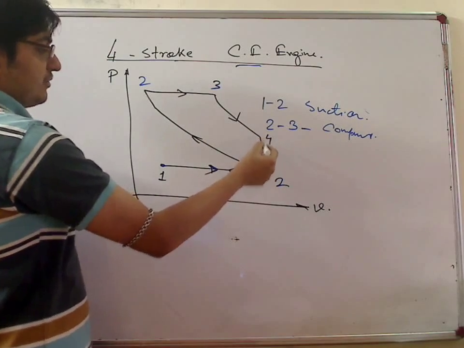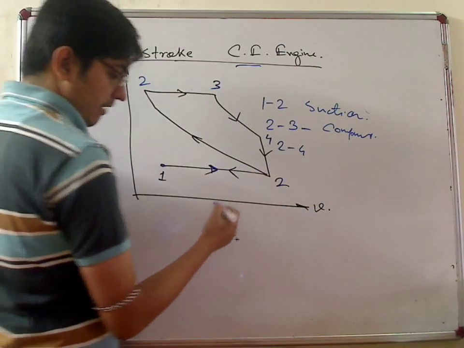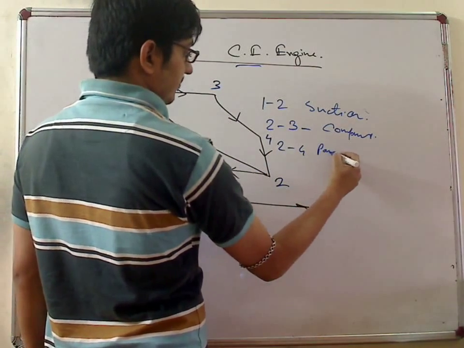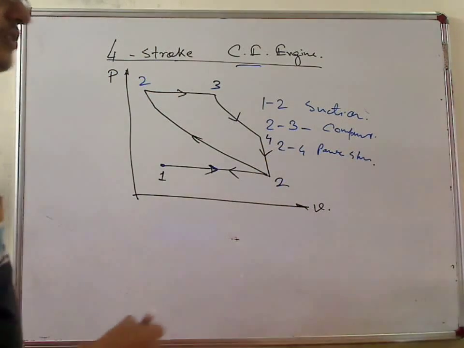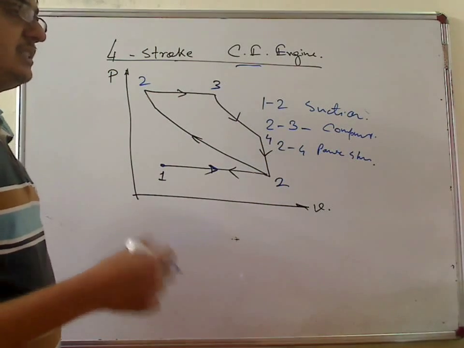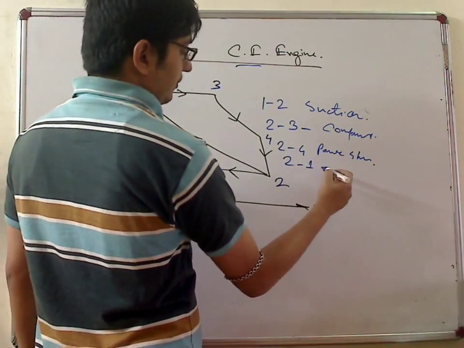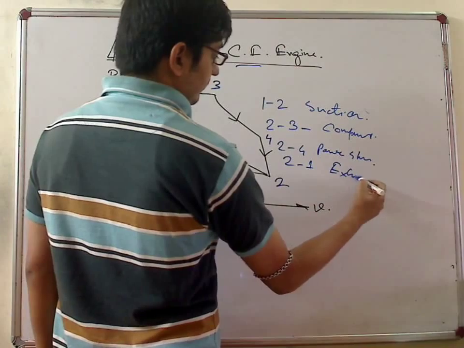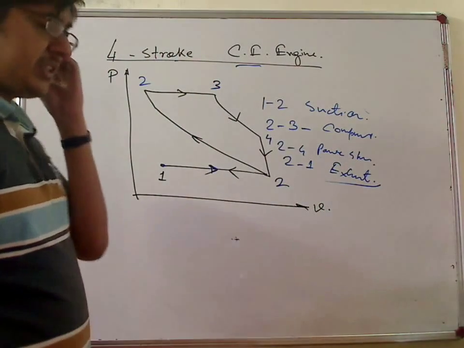And when the exhaust manifold opens, 2 to 4 is the power stroke, and in 4 to 2, when the exhaust manifold opens, the pressure decreases instantly, and again 2 to 1 is exhaust. So what is the main difference? Here the compression ratio is high.